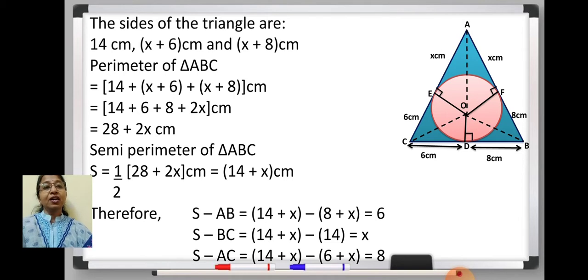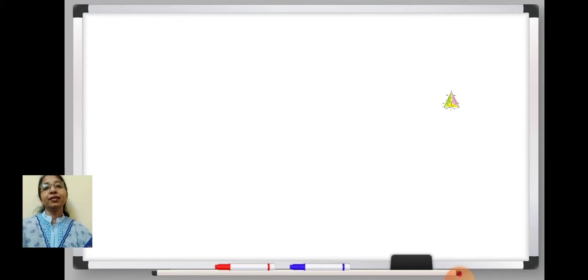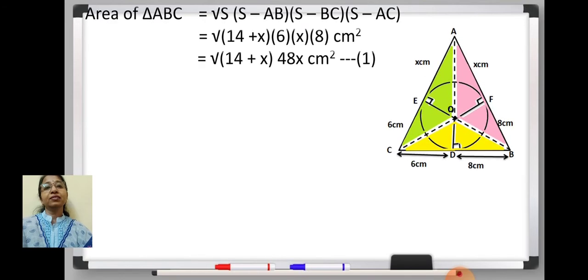Now let us write the formula for the area of the triangle and substitute the values. So here the area of triangle ABC is the square root of, Heron's formula, S into S minus AB into S minus BC into S minus AC. All the values we have, let us substitute.